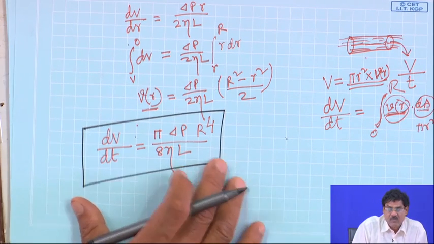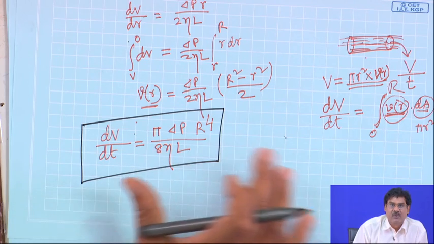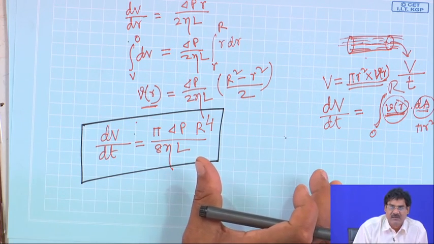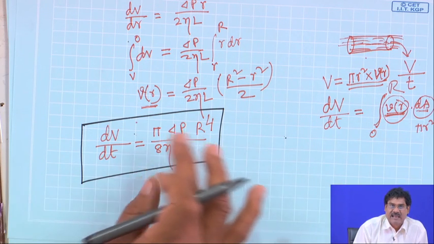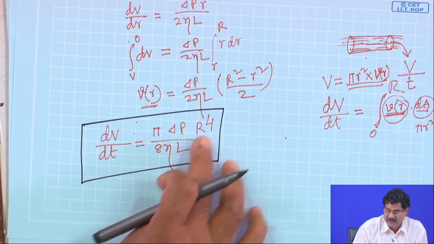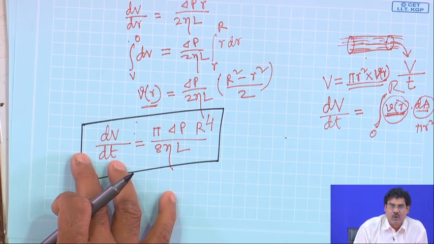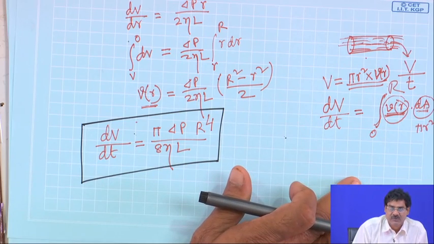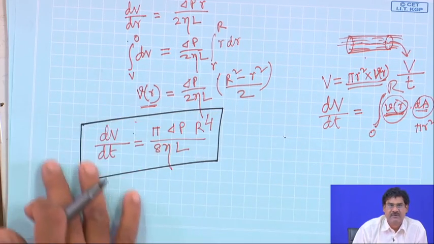Based on this formula, in a capillary tube water is flowing under a pressure difference del phi. If its length is L and radius is r, then the volume of water coming out of this tube per unit time is related like this.